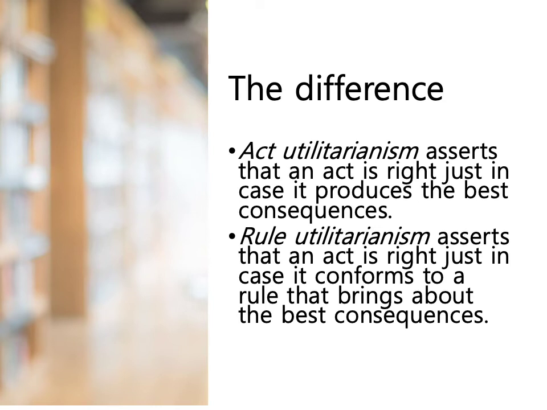So the main difference between the two is this. Act utilitarianism asserts that an action is right just in case the action produces the best consequences. On the other hand, rule utilitarianism asserts that an action is right just in case the action conforms to a rule, and it is the rule that brings about the best consequences, not the action itself.